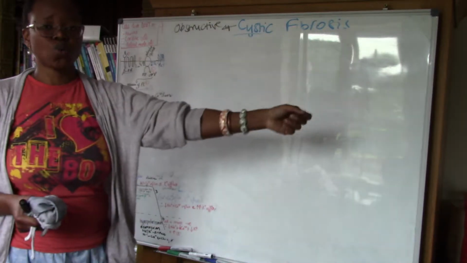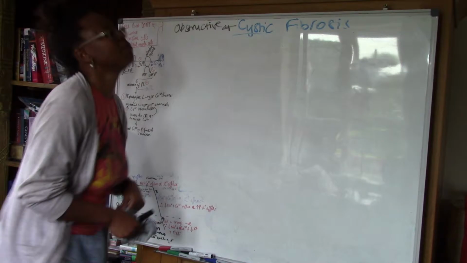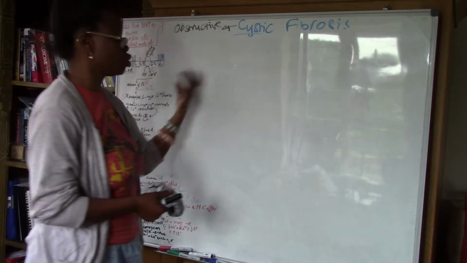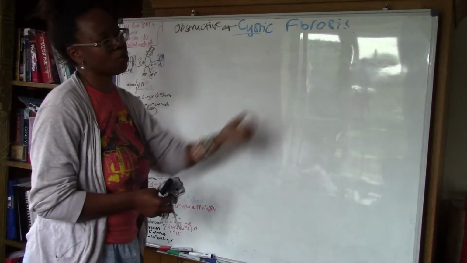In the GU as well, there is infertility in the males, and cirrhosis in the liver due to blocked bile ducts, and pancreatitis as well will happen.